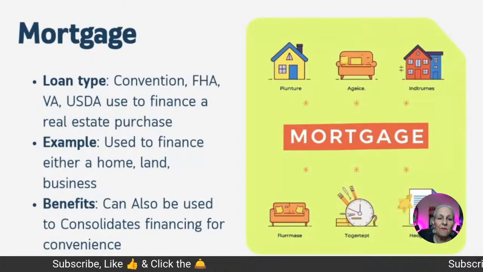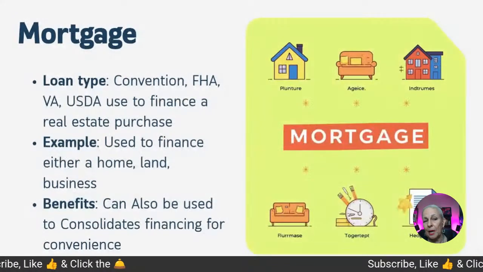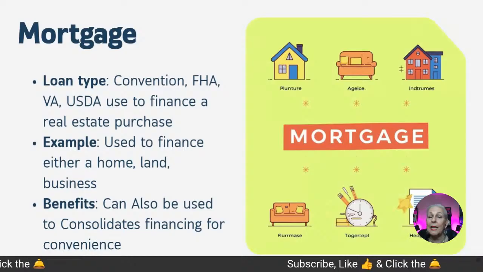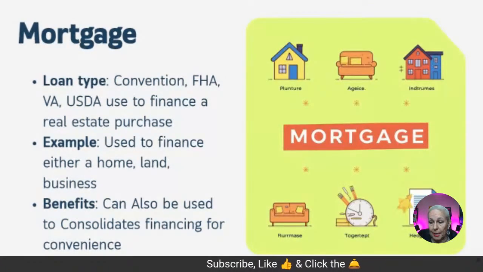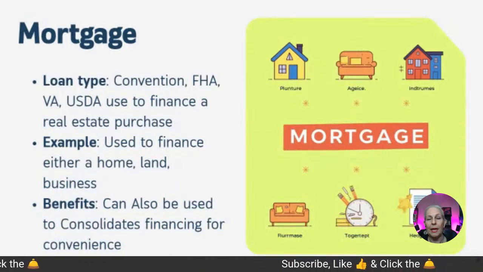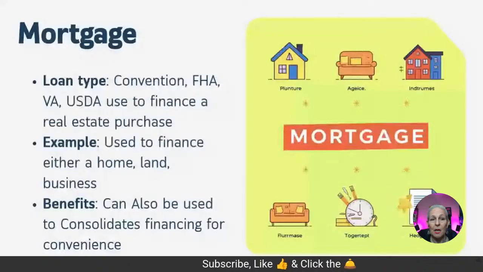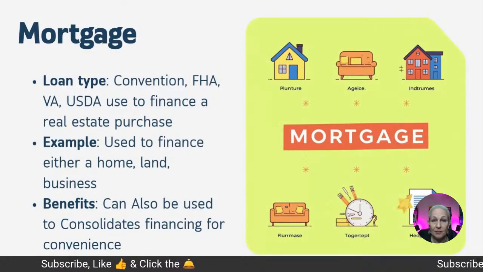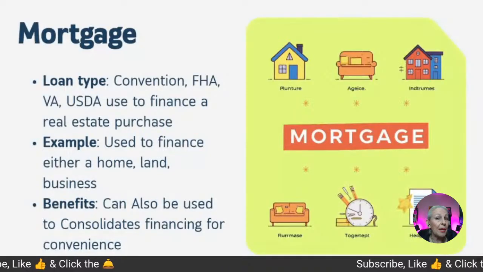When it's a conventional and a buyer puts down less than 20%, there will be a private mortgage insurance, PMI. So the PMI can go away after they have 20% equity, which can happen if the real estate market appreciates, not necessarily just by paying it down.